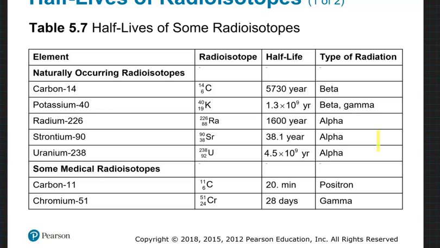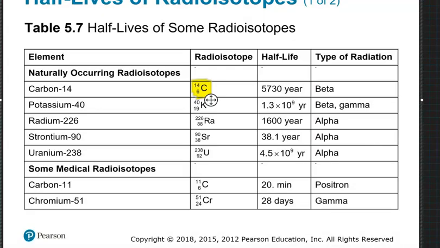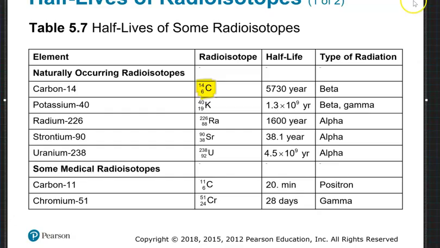Okay? So, some half-lives. Okay? Carbon-14. Very low energy beta, so not a huge deal. Potassium-40. The only concern is gamma, but we get it from food, so whatever. This is your Marie Curie.